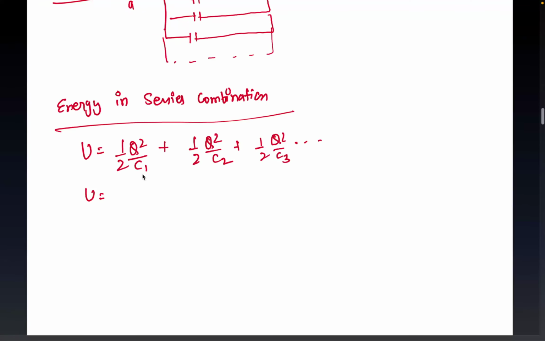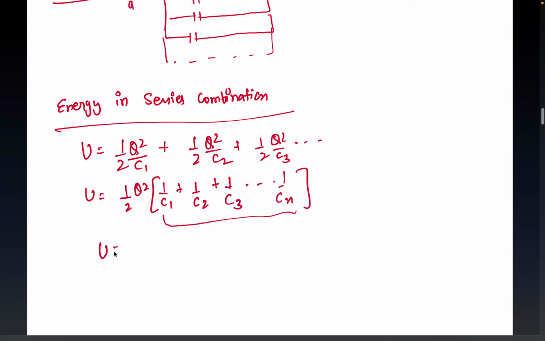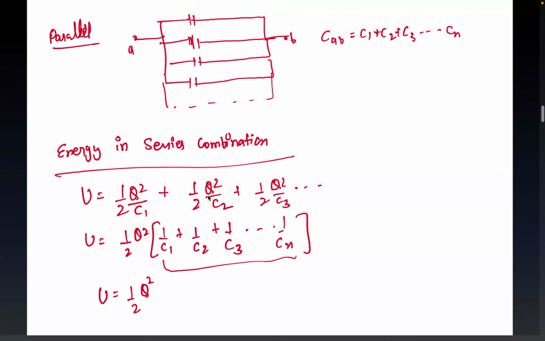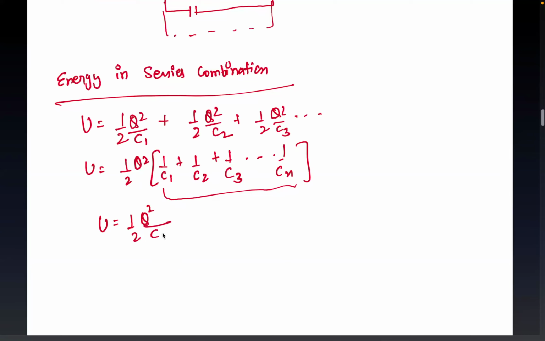We can just simply take half q square common, and write this as 1 by C1 plus 1 by C2 plus so on. What is this? This denominator C can be replaced with 1 by C equivalent, because the whole thing is equal to 1 by C equivalent.